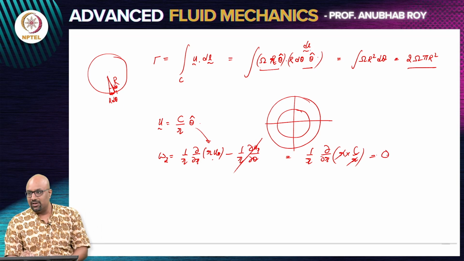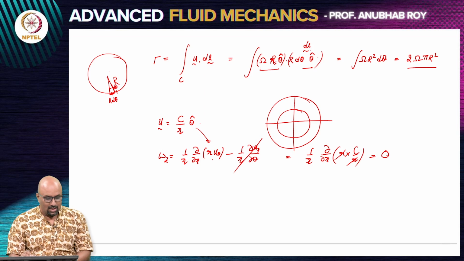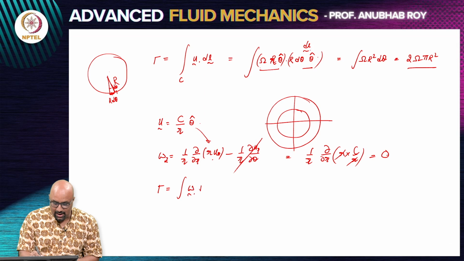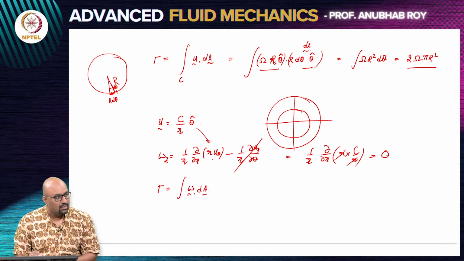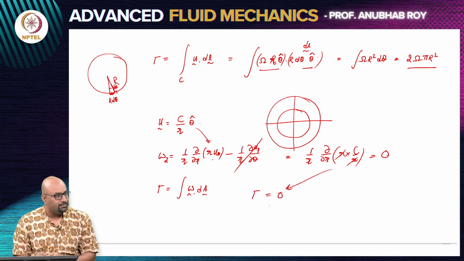So, what you observe here is that vorticity is 0. There is a velocity which goes as 1 over r, and the vorticity from that is 0. So, now let us go to calculating circulation. Circulation is omega dot dA, but omega is 0, which means by this definition the circulation should be 0.